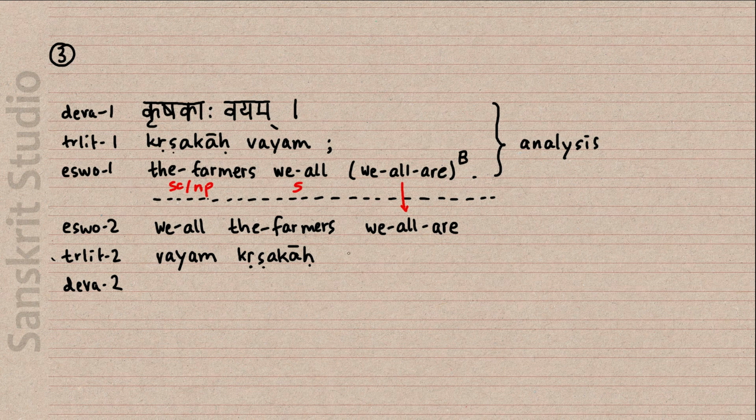And once again, we have to supply this. We have to know that the verb there is smah in first person plural, corresponding to vayam. Okay, so now we just make this into Devanagari here. Vayam Krishakah.